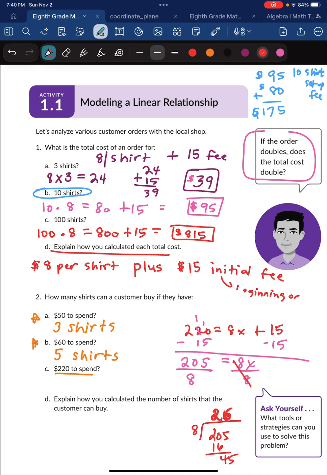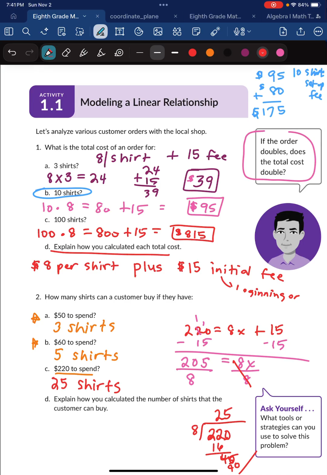I just got to thinking wrong. 5 times, and I can buy 25 shirts with $220. Okay?